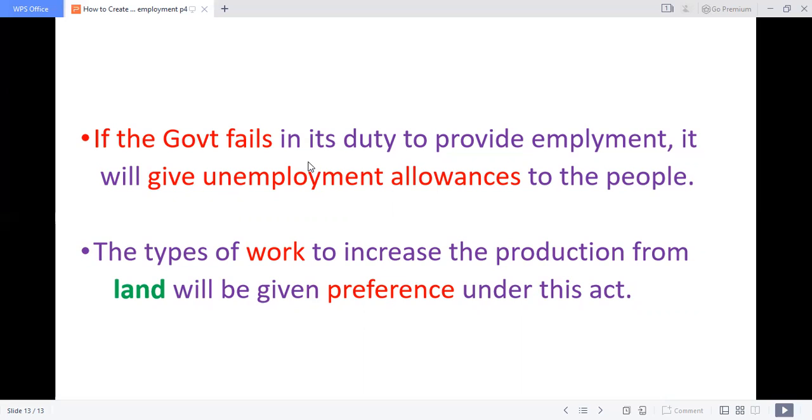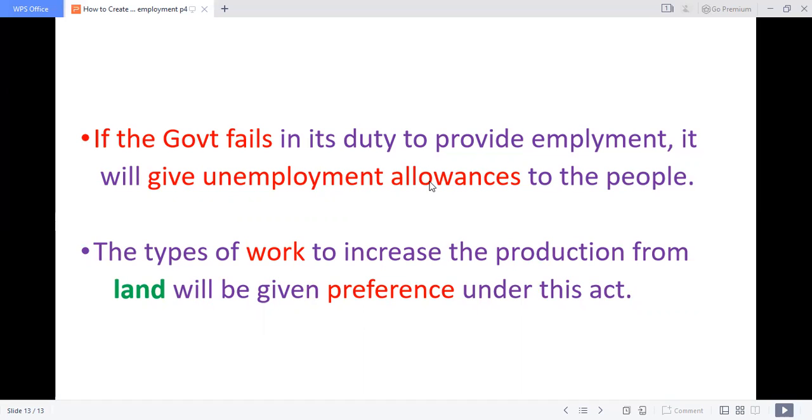If the panchayat presidents deny the work to a person based on party or any local vengeance, then he has to give an employment allowance on the day's salary.